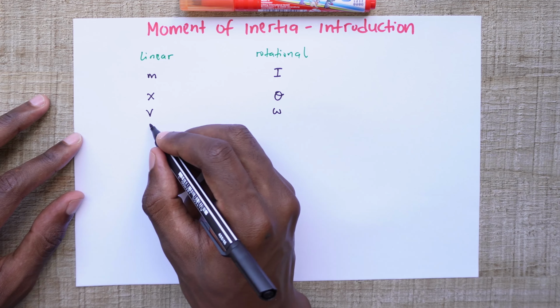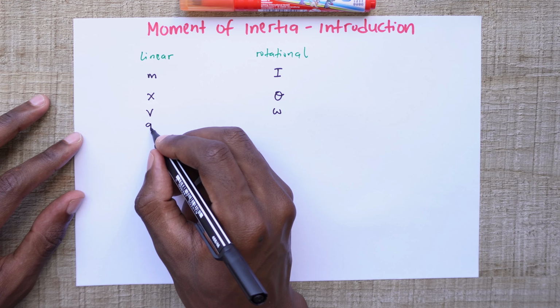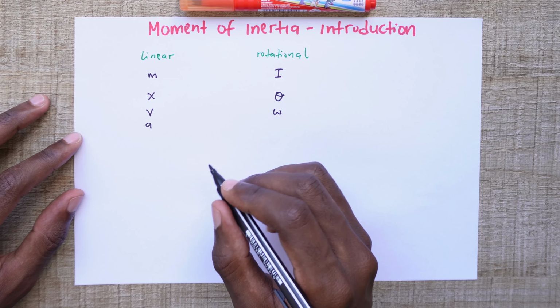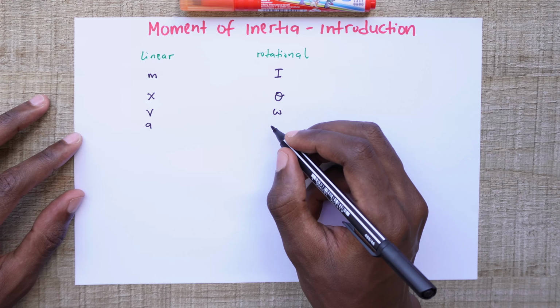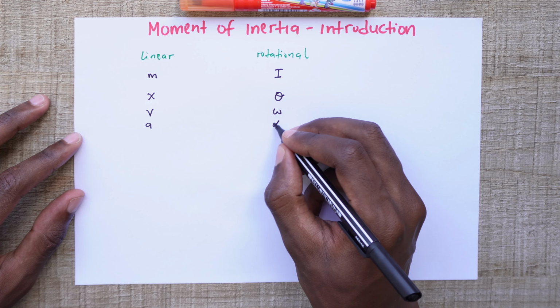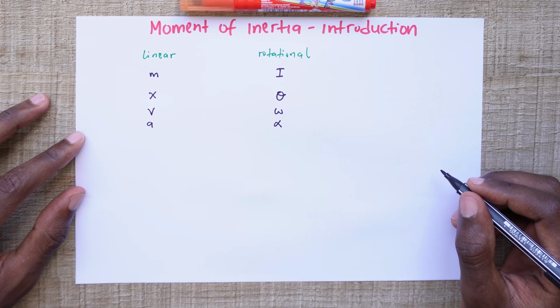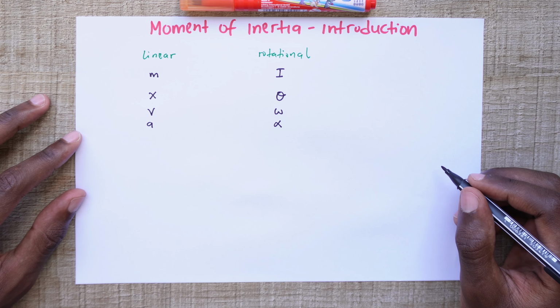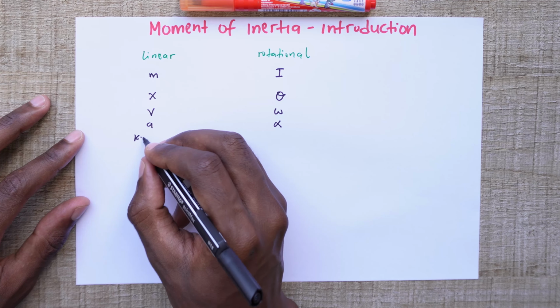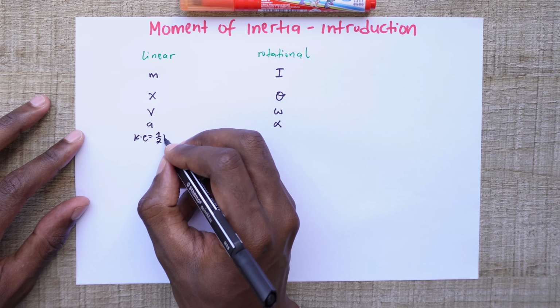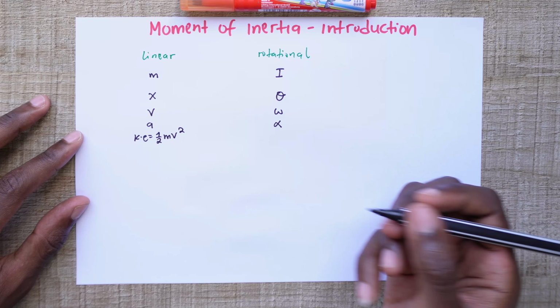If you have an acceleration denoted by a, then the rotational counterpart of that is usually denoted alpha, the angular acceleration. Now say you want to calculate the kinetic energy. The kinetic energy is half mv squared if you're in a linear motion.